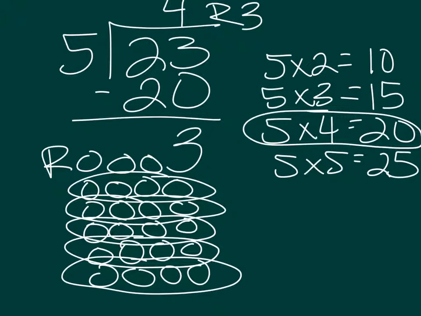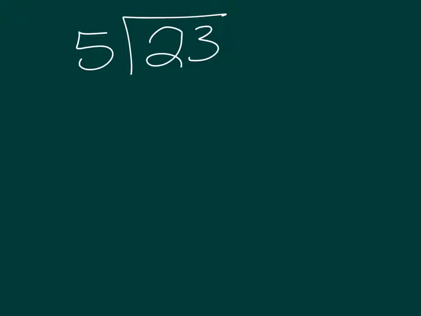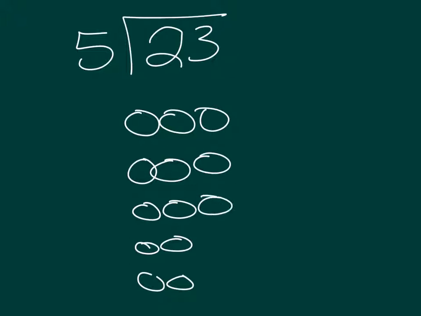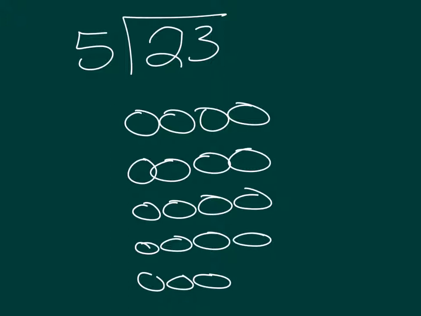Another way to set that up, if you didn't know 5 times 4 in your head, and we had 23 into 5 groups, here's how I could do that. 1, 2, 3, 4, 5. There's my 5 groups. 6, 7, 8, 9, 10, 11, 12, 13, 14, 15, 16, 17, 18, 19, 20, 21, 22, 23.